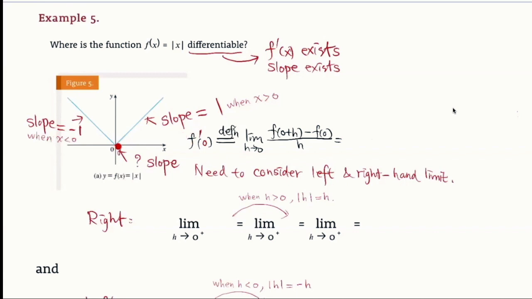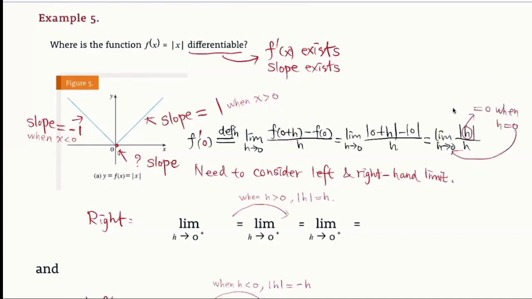Now what about at 0? Let's find f prime of 0. By definition, it's the limit of this quotient as h approaches 0. For f of 0 plus h, we substitute h into this x, so that will be the absolute value of 0 plus h. And f of 0 is just 0.